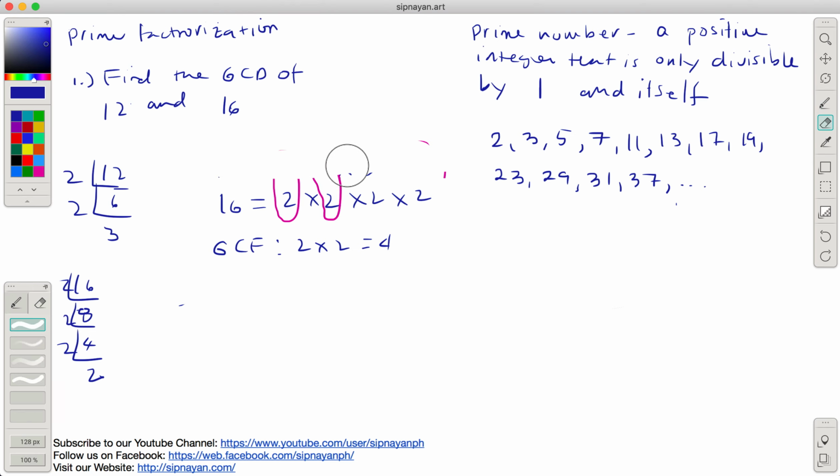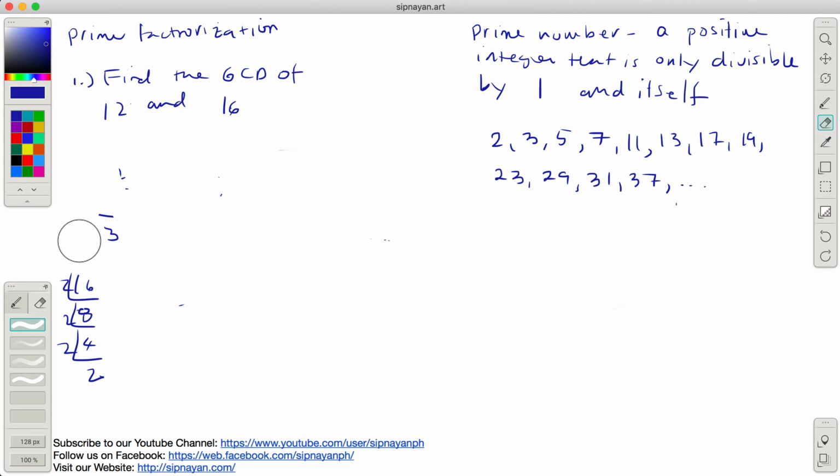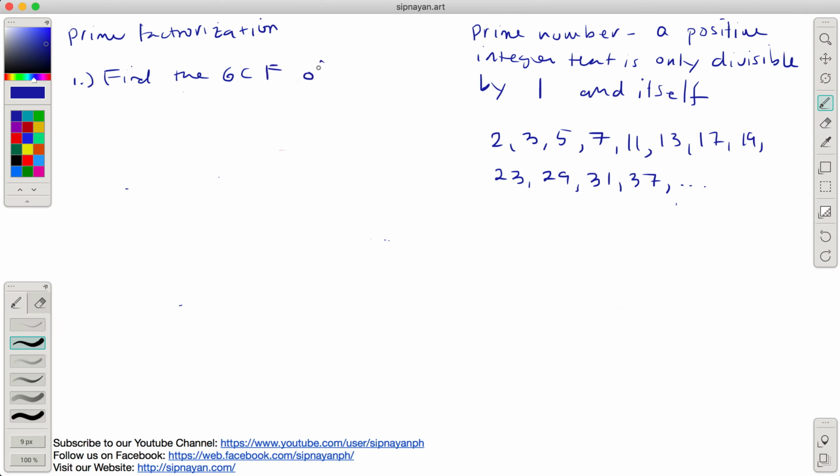Okay, last number. Last example. Tatlo na dito. Tatlong numbers. Ano naman? GCF. Pagyan natin. GCF of 18, 30, and 54. So 18, we have 2, we have 9, we have 3, we have 3.